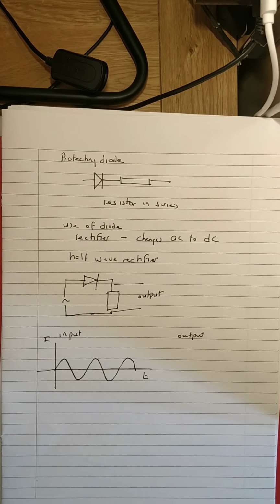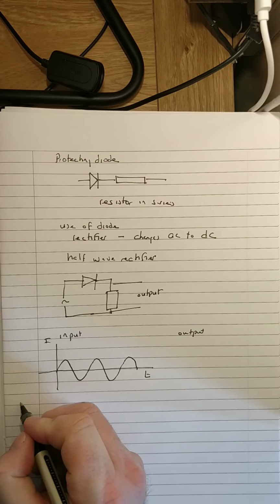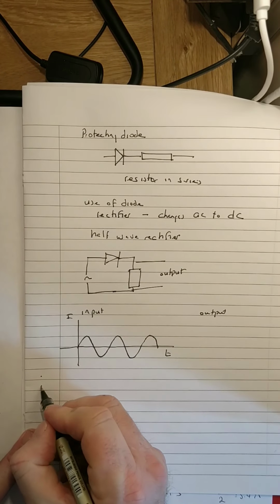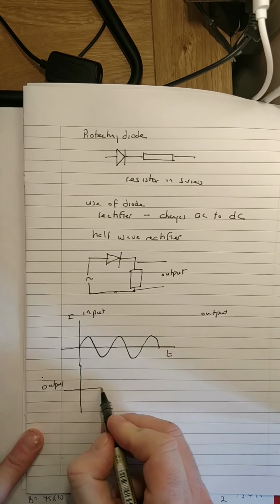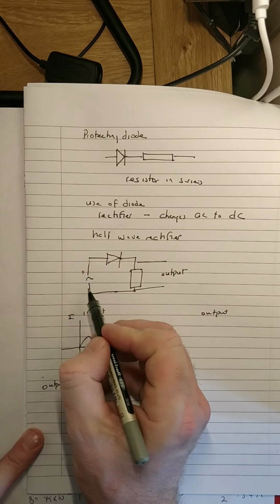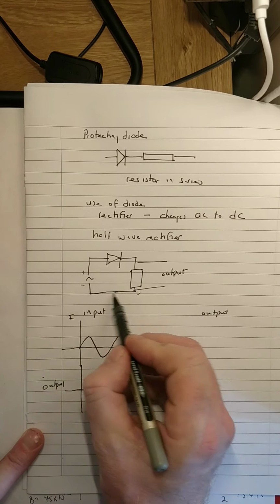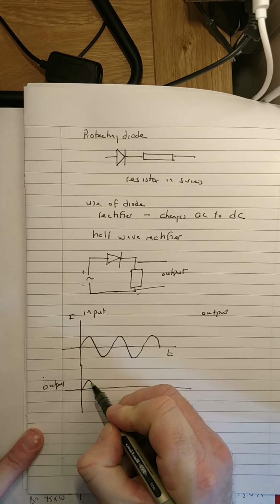Now the output, and I'll actually draw it underneath, it'd be better underneath. So think about it. When this part is plus and this part is minus, current will flow and you'll have an output. So in this part here, current flows.